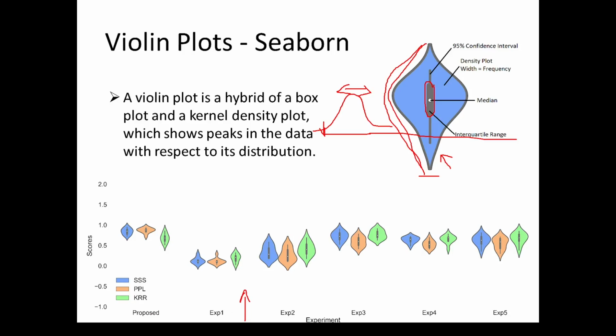On the x-axis, you see a different set of experiments, and on the y-axis, you see the scores obtained from each experiment. You can see that on the same data set, each experiment has a different distribution of data. In this video specifically, we are going to use grouped violin plots in which each experiment is represented by 3 values. So let's start programming.